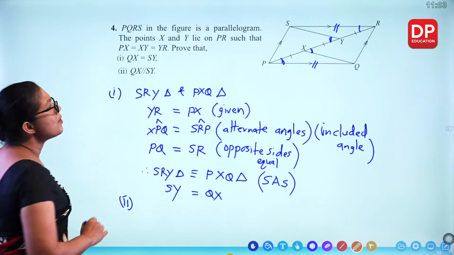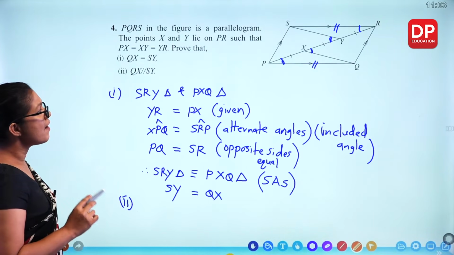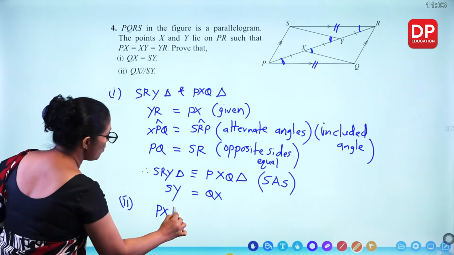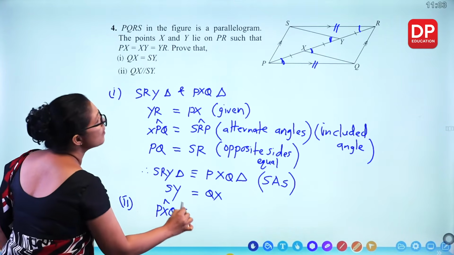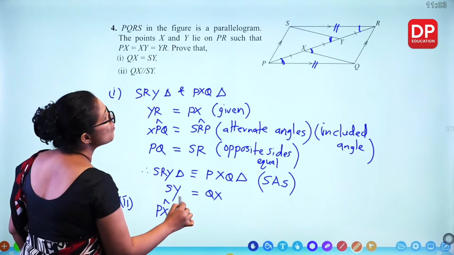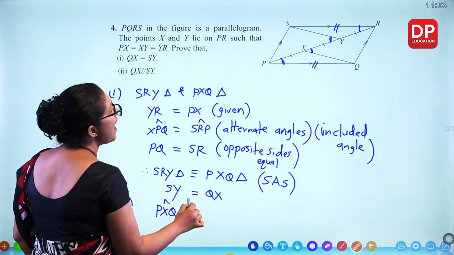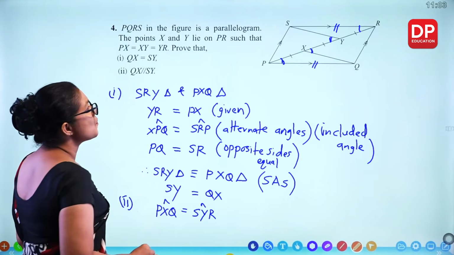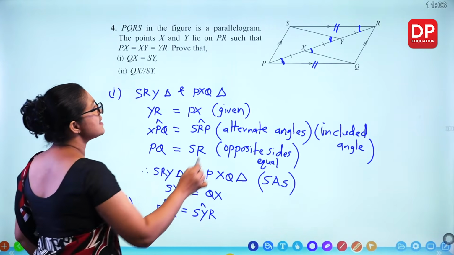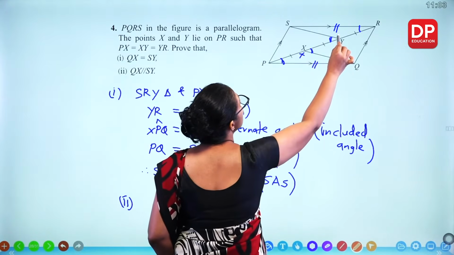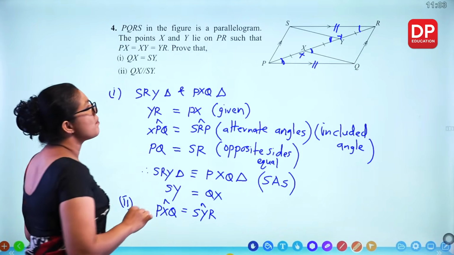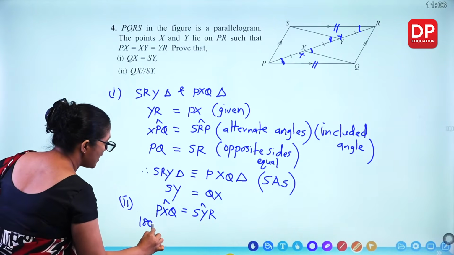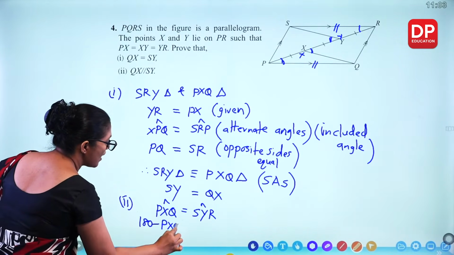From the congruent triangles, I can write PXQ angle is equal to SYR angle. So that means this angle is equal to this one. Those are corresponding elements. I want to subtract from 180 these two angles.